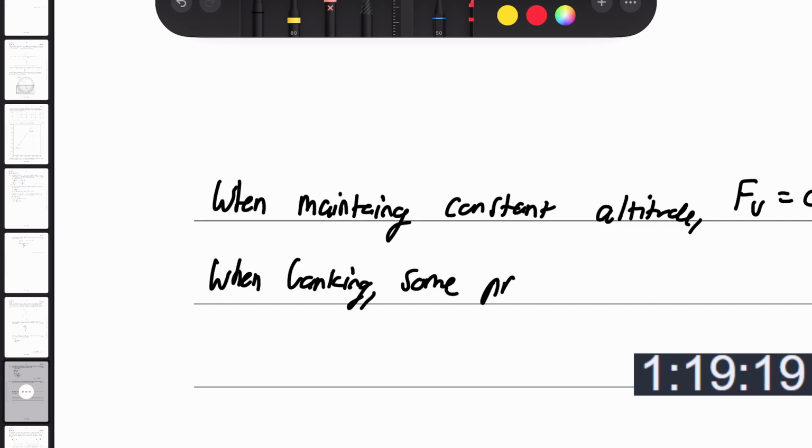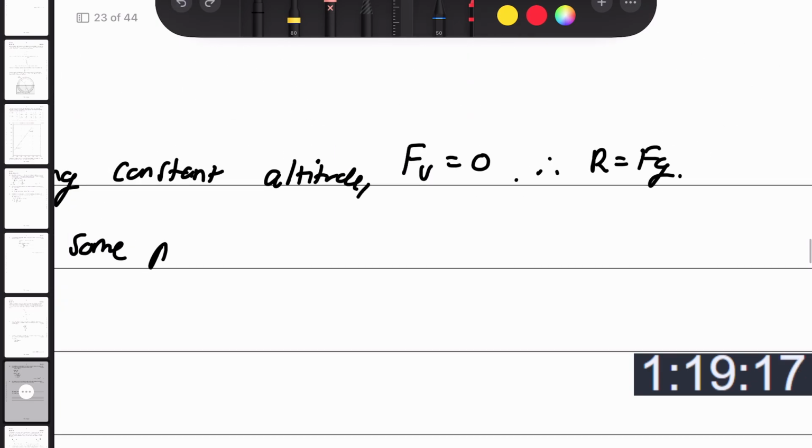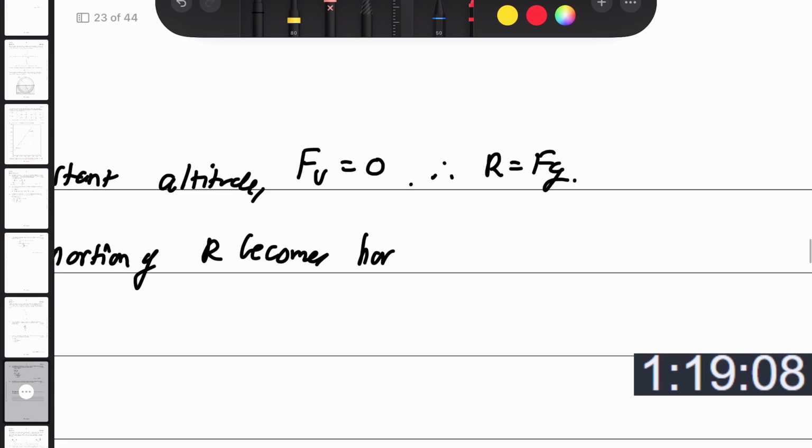And then when banking, some portion becomes a horizontal component.